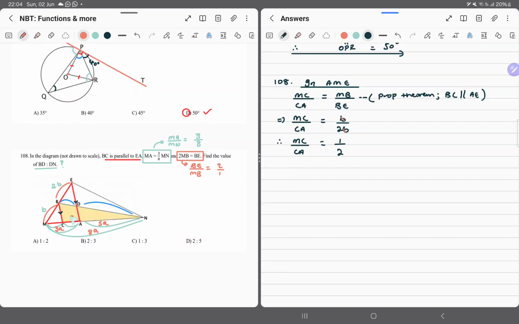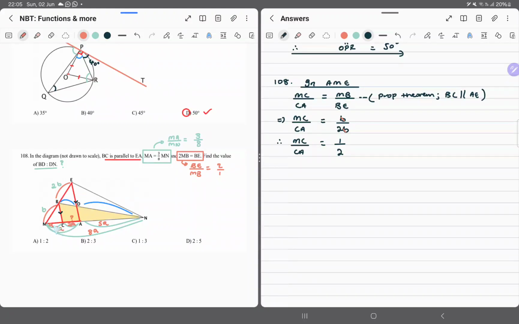So now we get the idea that, okay, CA is two portions of that story. So this is going to be 2A, this is now 2A, whereas this is A. Now we can see that A plus A gives us 3A.